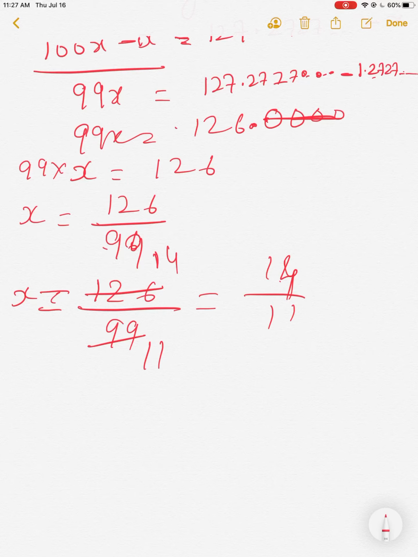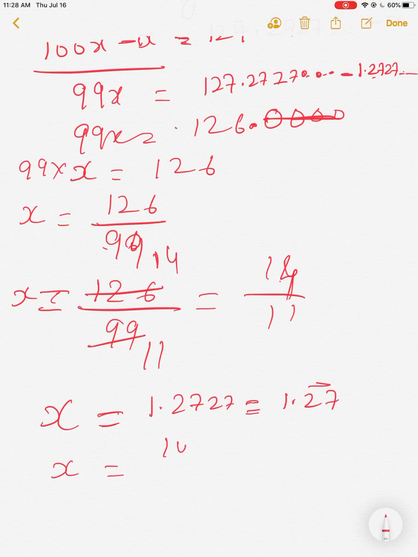So 1.272727... recurring is given, where 27 is repeated. We have to represent it in the form of P upon Q. We took x as 1.2727..., which can also be written as 1.27 repeated.